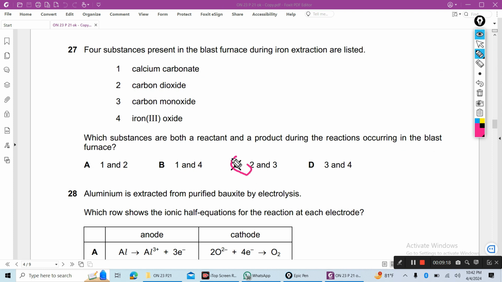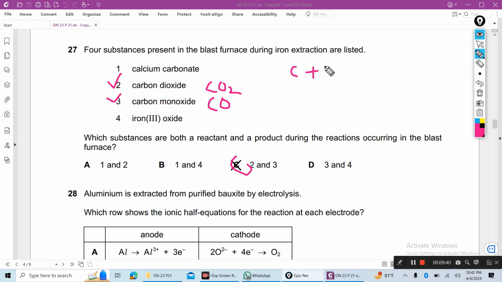Carbon dioxide and carbon monoxide. Why are these reactants and products? In the blast furnace, first, carbon reacts with oxygen to produce carbon dioxide.